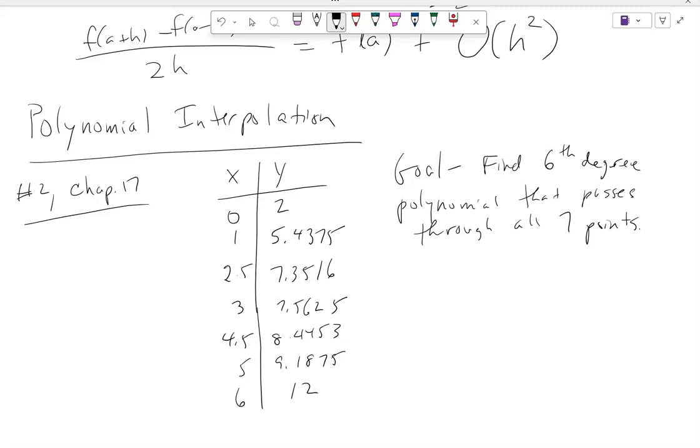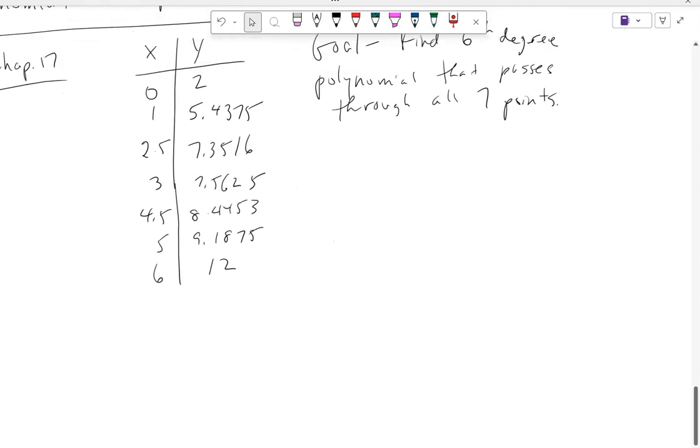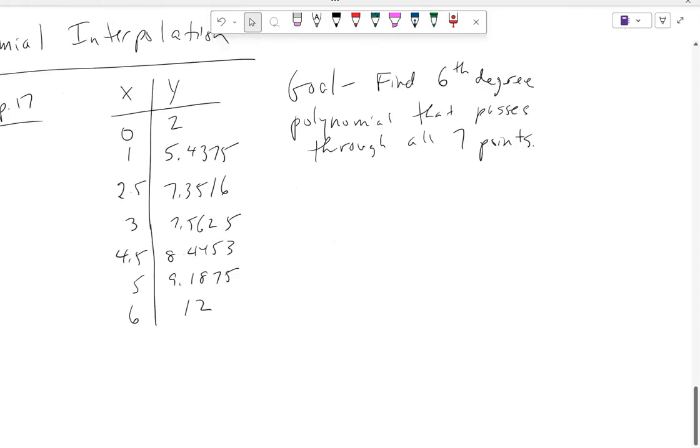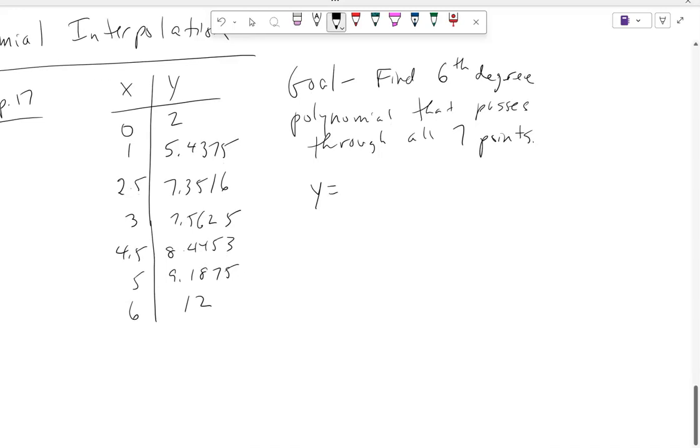Now again, a general form of a polynomial would look like y equals, I'm going to write it going up in degree rather than going down in degree, so I'll write it as a0 plus a1x plus a2x squared plus a3x cubed, a4x to the 4th, a5x to the 5th, a6x to the 6th.